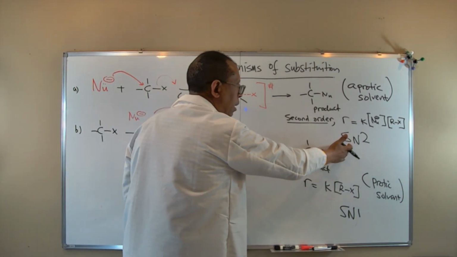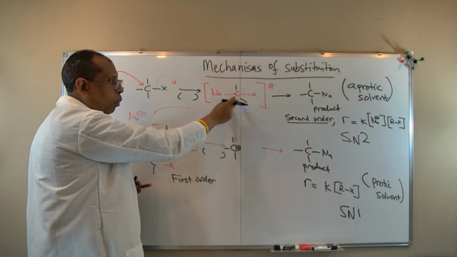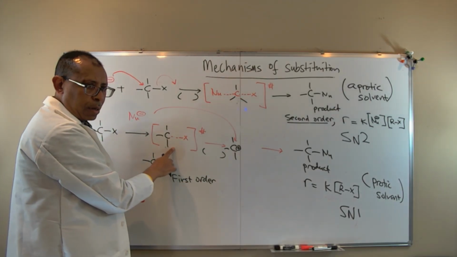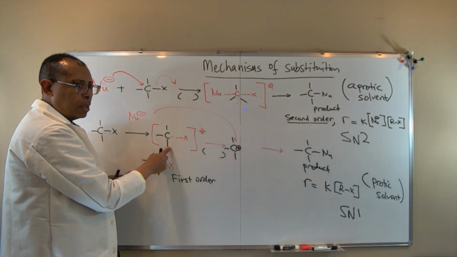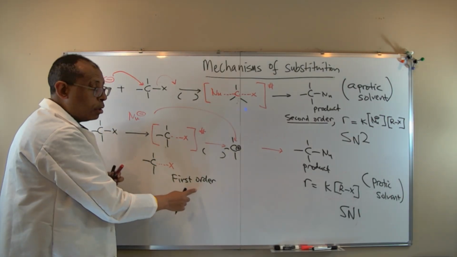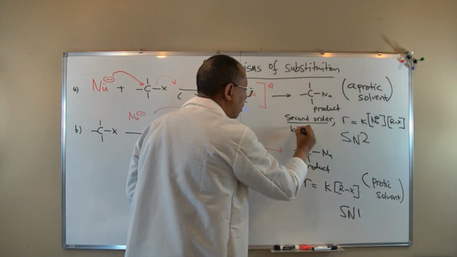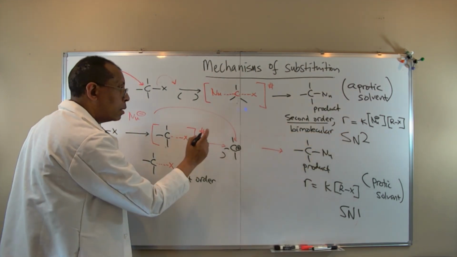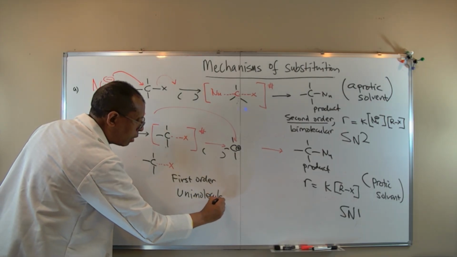So this is a bimolecular reaction because it consists of both the alkyl halide and the nucleophile. This is a unimolecular reaction because it is determined only by the concentration of the alkyl halide. Bimolecular, unimolecular. So second order, or bimolecular. First order, it is a unimolecular reaction.